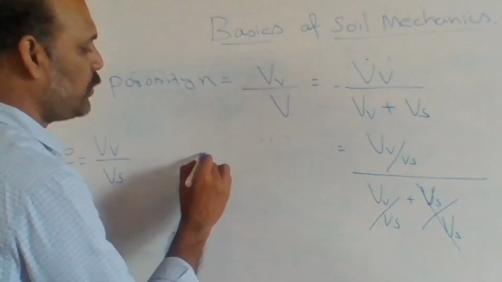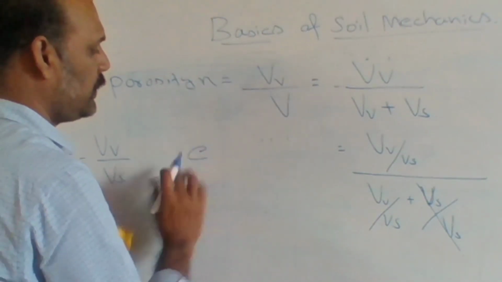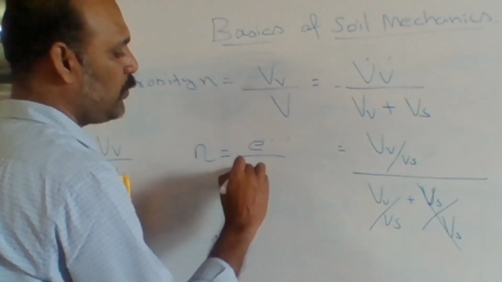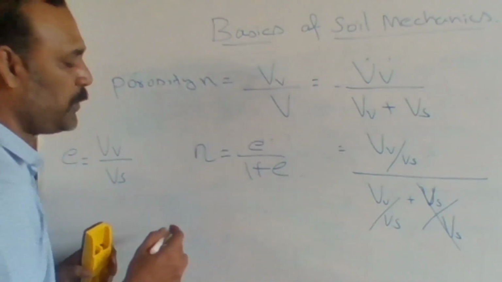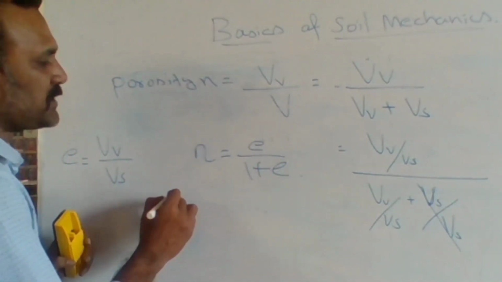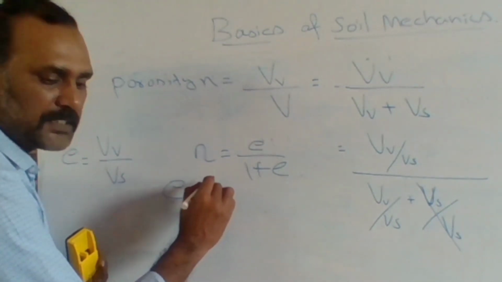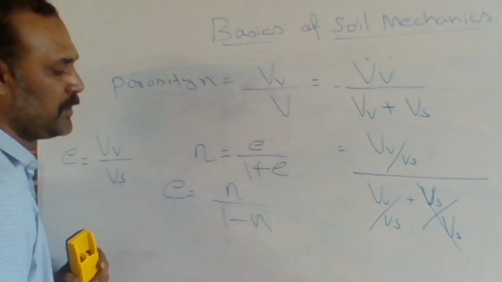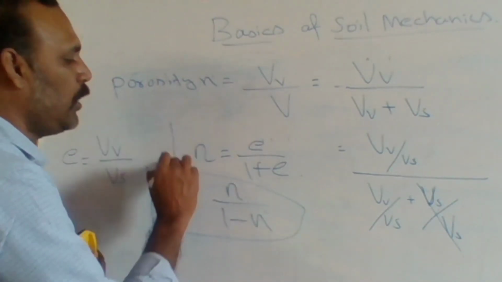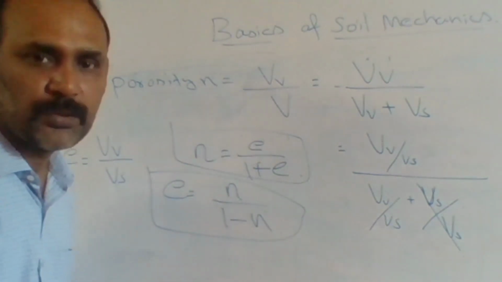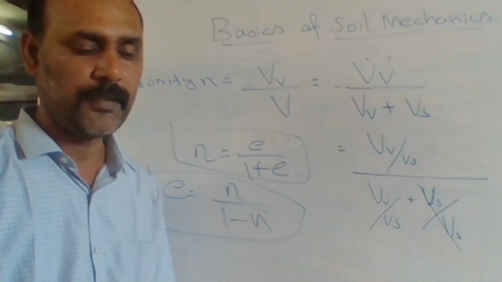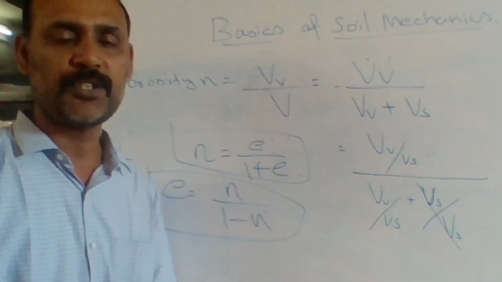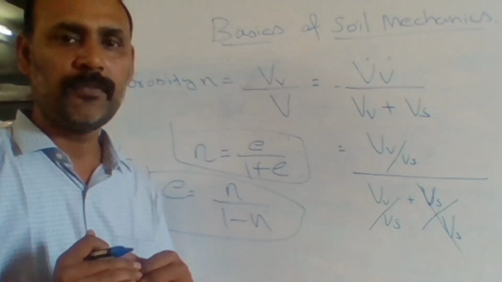So n is equal to e by 1 plus e. And for the void ratio, e is equal to n by 1 minus n. So this is the relation between the porosity and the void ratio. That is a most important one, right? The void ratio is the ratio of the volume of voids and the volume of solids.